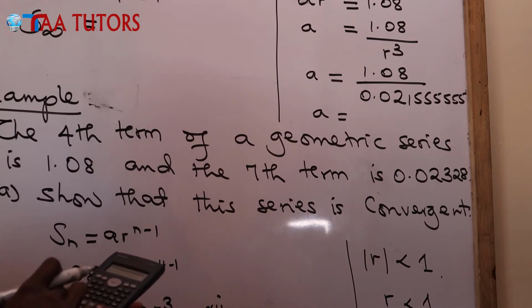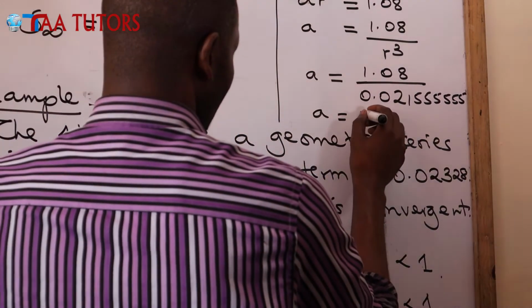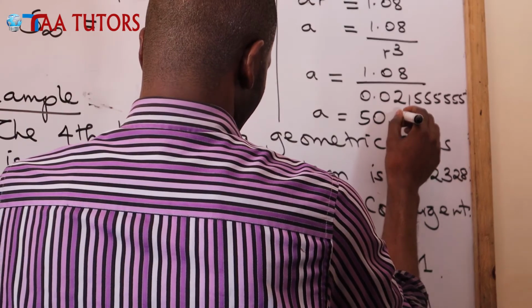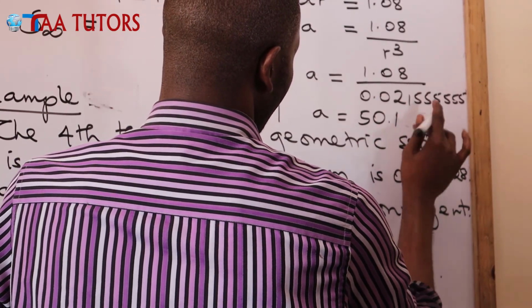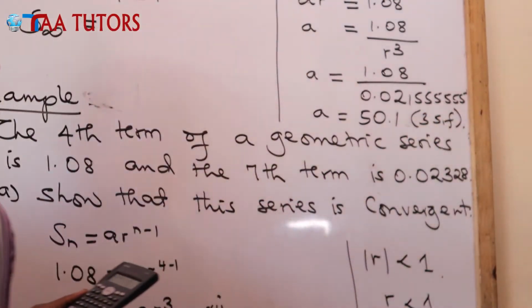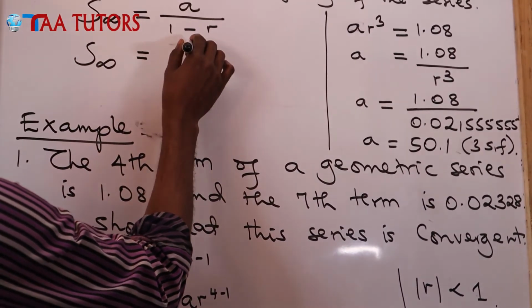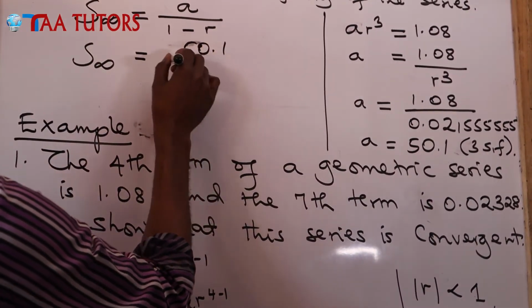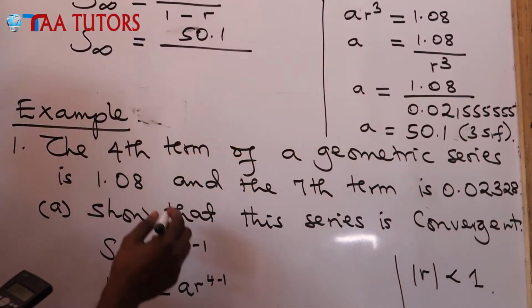So 1.08 divided by answer is going to be 50.1, correct to 3 significant figures. So if that is our a, then a is 50.1. I've said there are many decimals, but I've expressed my answer correct to 3 significant figures.